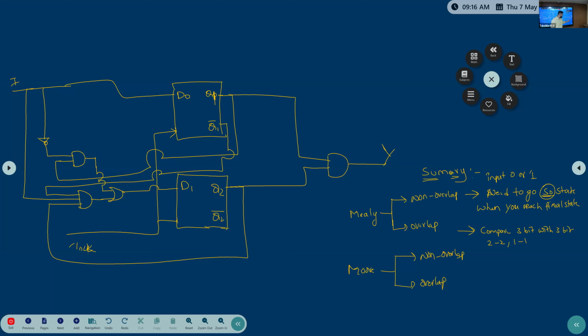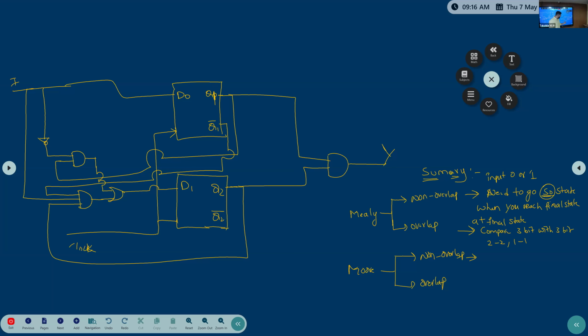This is the overlapping case. When you come to the non-overlapping case, whatever I'm talking about is all related to the final state. This is also a final state. At the final state, compare 3 bits with 3 bits, 2 bits with 2 bits, 1 bit with 1 bit.